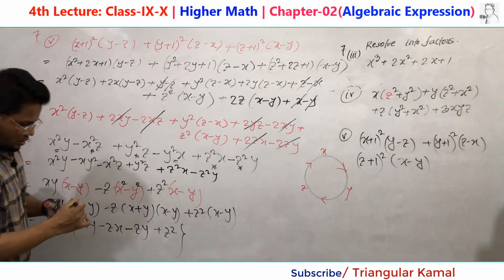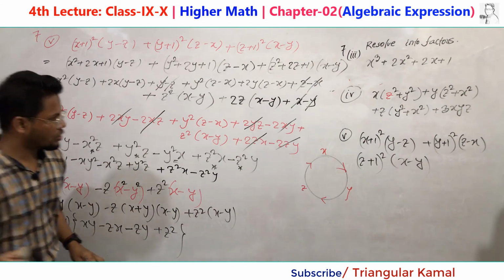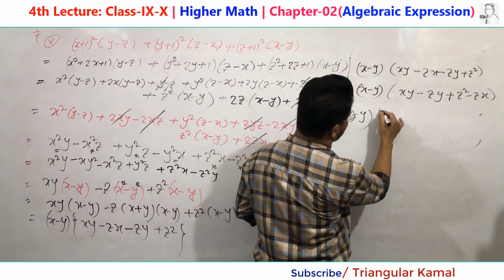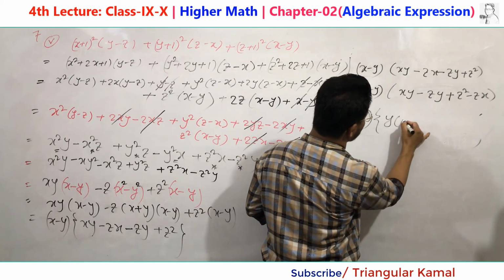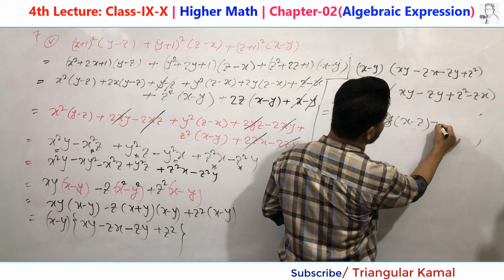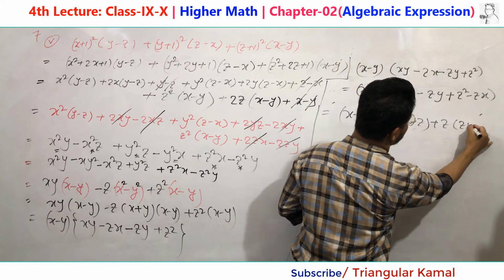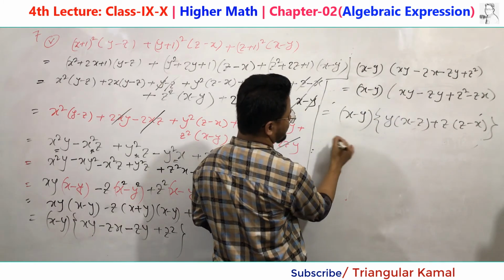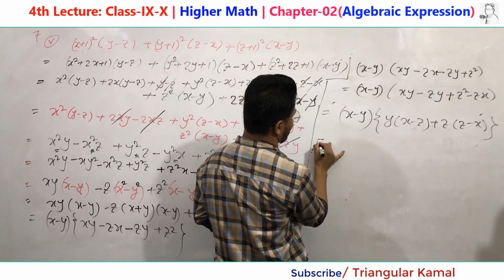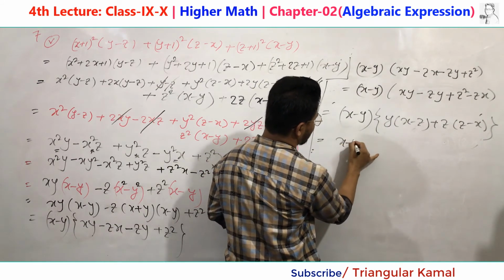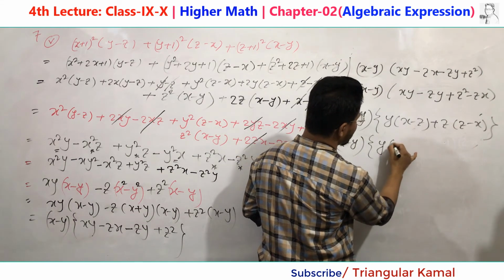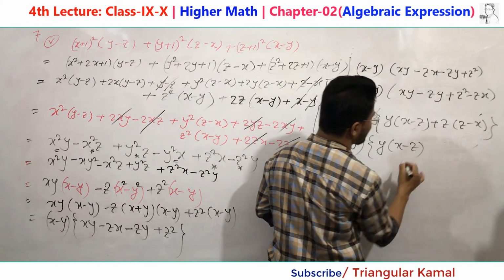Okay, this our first factor complete. Now x minus y, consider here y is common, x minus z plus z is common, z minus x. Okay, x minus y, and this one is y multiplied with x minus z.